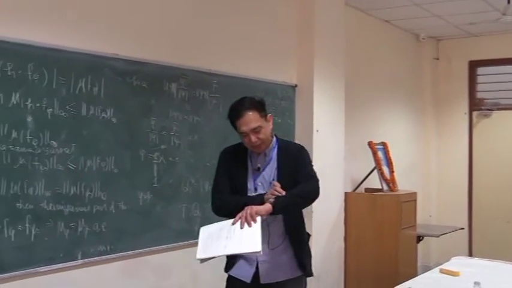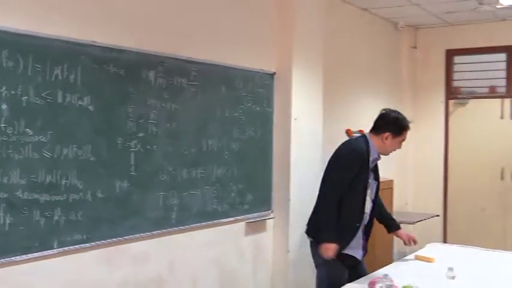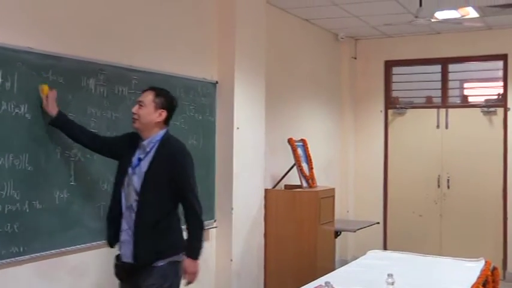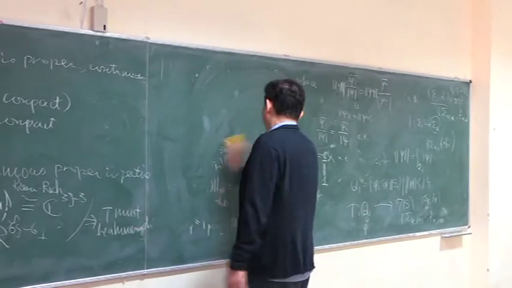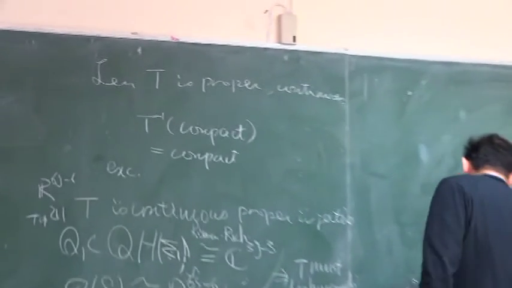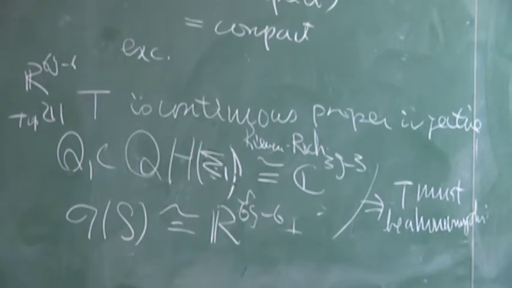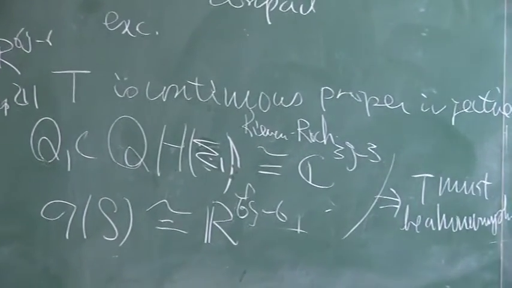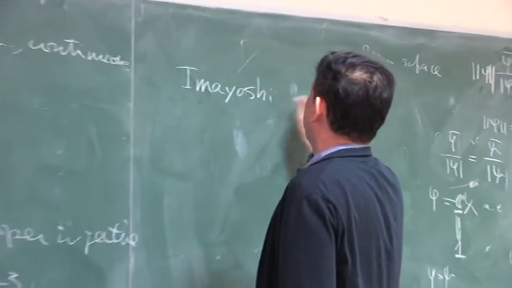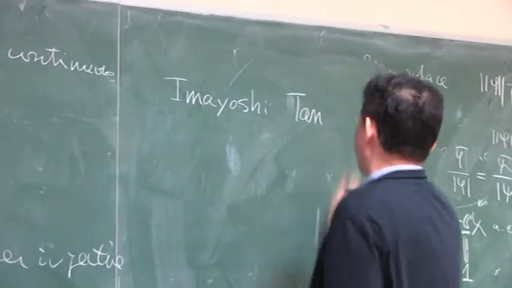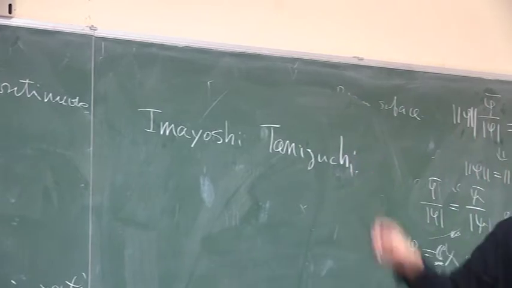After yesterday's talk, some students came to me to ask for a good reference for Teichmüller theory, and let me just mention one book. It's written by Imayoshi and Taniguchi, two Japanese mathematicians.